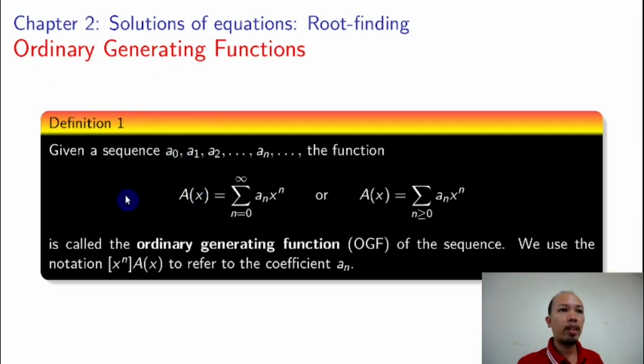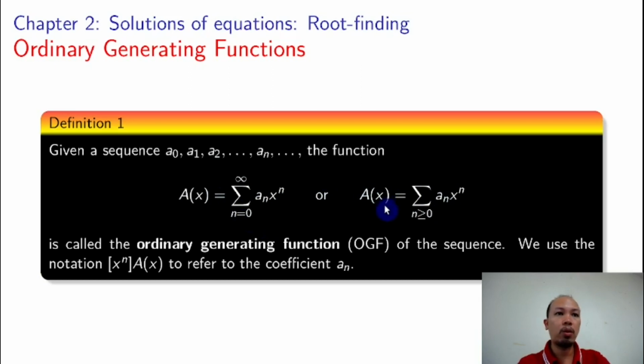So definition 1, given a sequence a sub 0, a sub 1, a sub n up to infinity, the function A of x, we will denote the function A equals summation of a sub n times x to the n, where n starts from 0 to infinity, or you can use this notation, they are just the same.